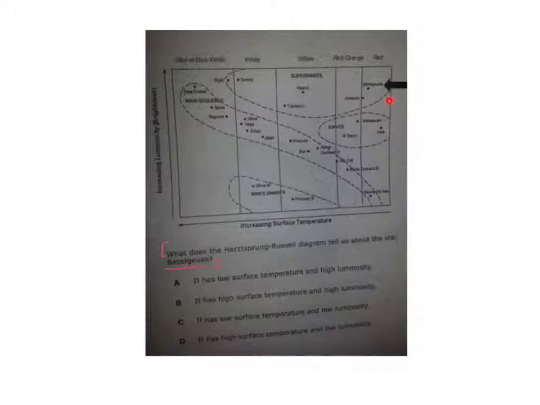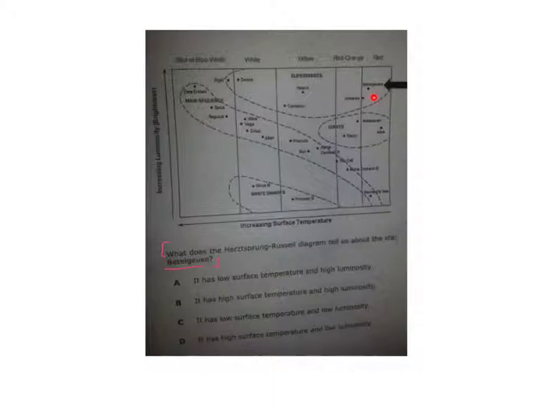We know that the hotter stars are over here and the colder stars are over here because on the x-axis increasing temperature is going this way. So it looks like in terms of temperature, Betelgeuse is over here.